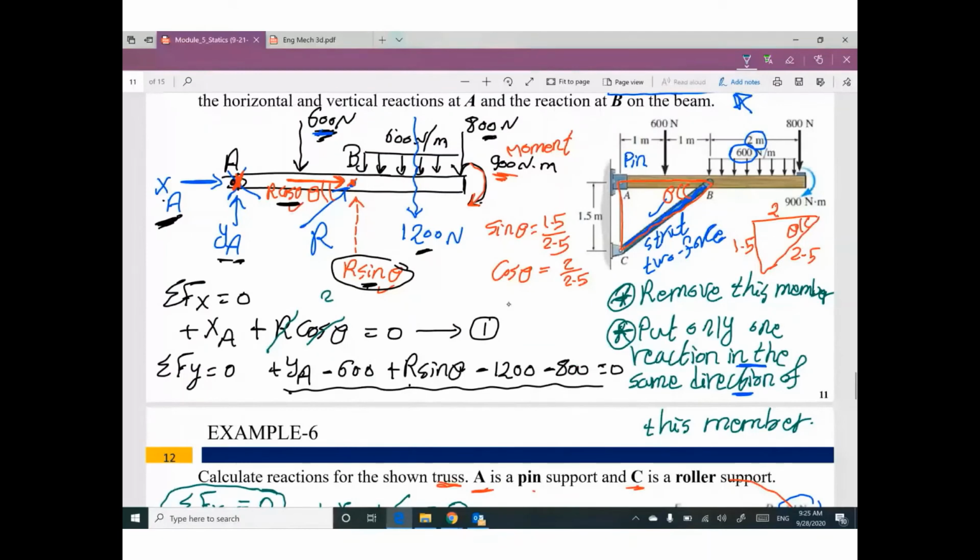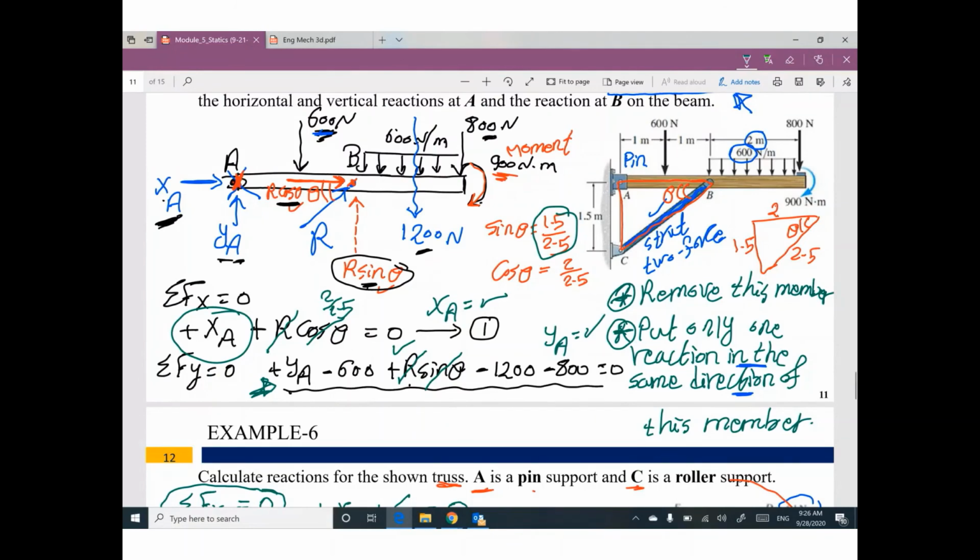So the only unknown will be XA, and I can figure out XA. Go back to this equation. R is known, sine theta is known. The only unknown in this equation will be YA, so I can figure out YA. Then your problem is done.